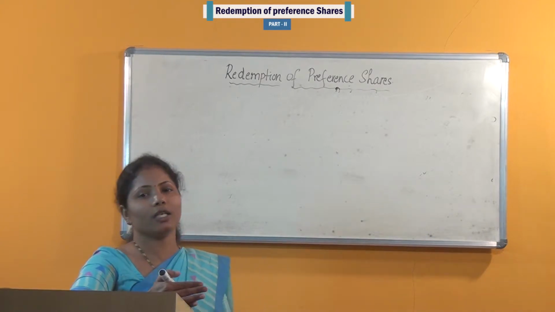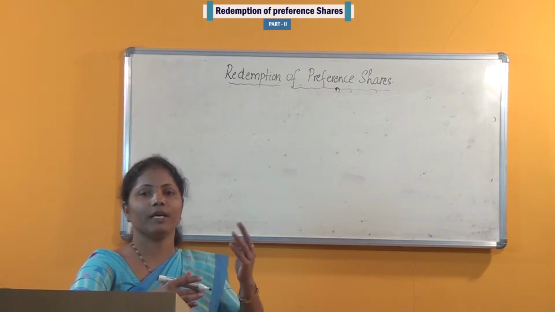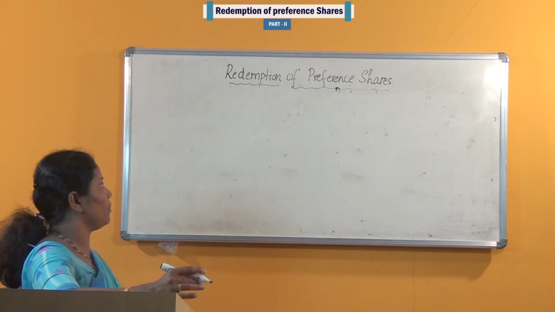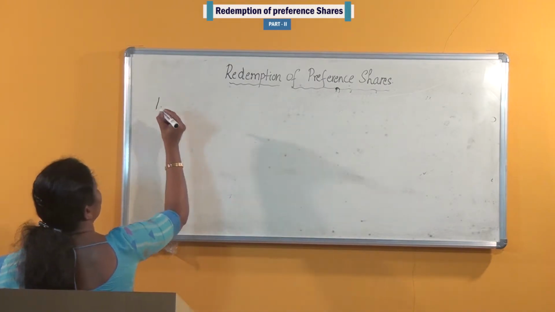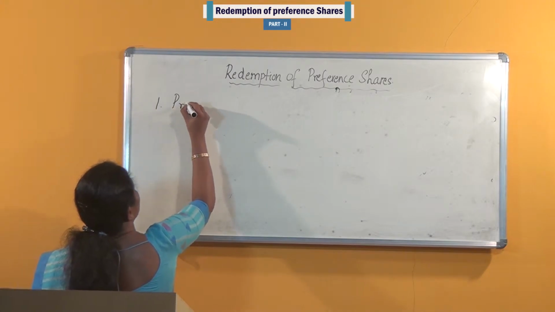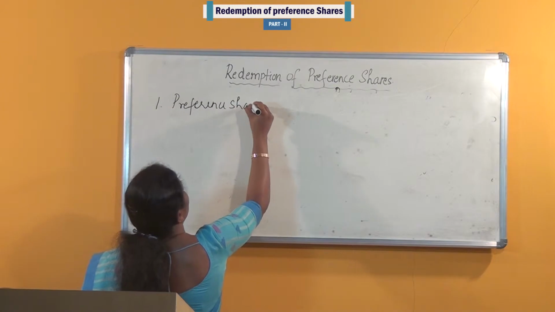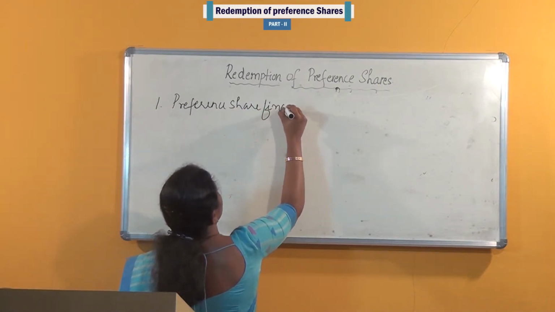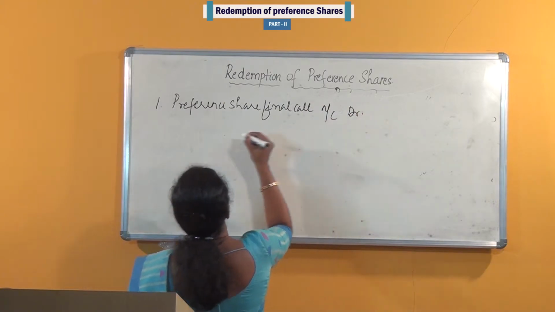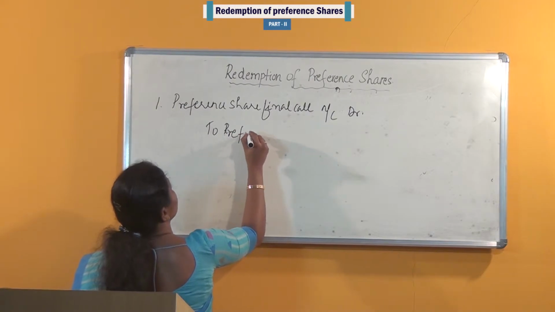Whenever a company makes its final call, we have to pass 2 entries, one for call money due and the other for receiving the call money. So, the first entry for call money due, we can consider it as final call. Preference share final call account debit to preference share capital account.